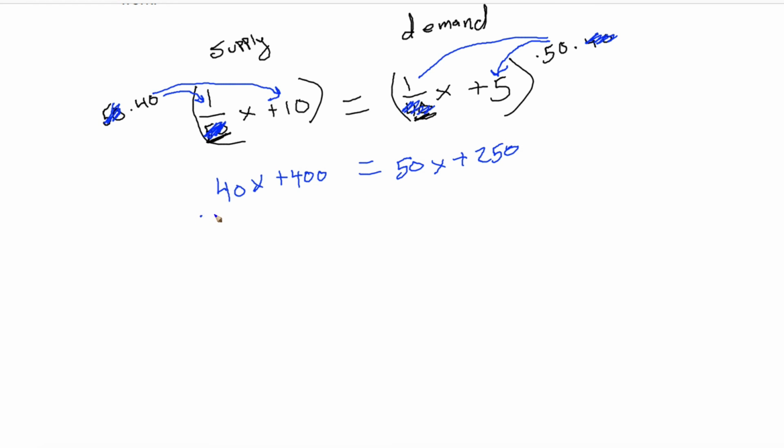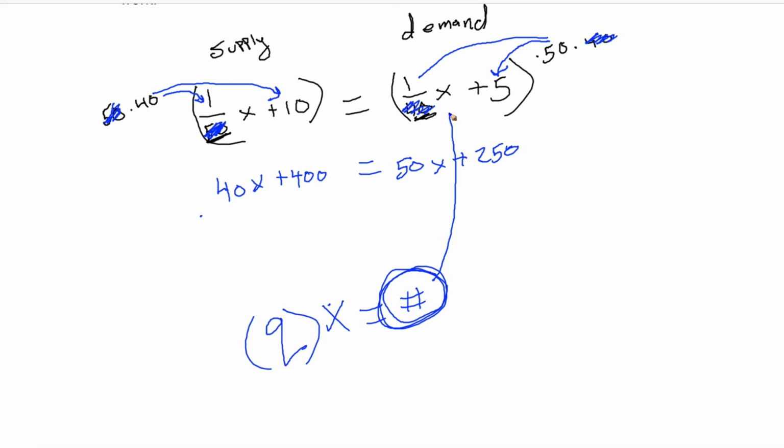So, minus 10x, minus 10x, minus 250, and then you'll eventually get x, or in their case, they want q equals. Q and x in this case are the same thing. They want that to be a number. That's what it wants in number 2. Once you have the q, then you take that number and plug it back into one of them.